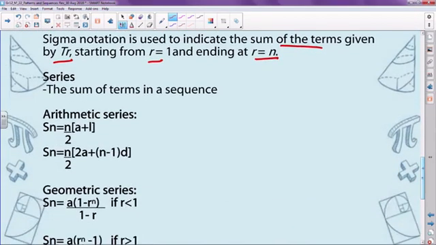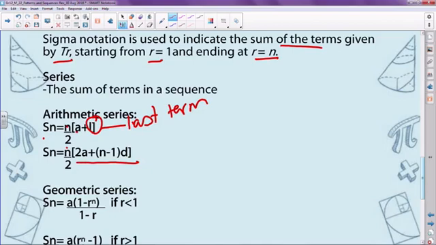Now, when we're looking at arithmetic series, there are two formulae we can use. We've got Sn is equal to n over 2 times (a plus l), where l is the last term. If you've got the last term in your arithmetic series, that's the one you would go for. It's quicker than the other formula, which is Sn is equal to n over 2 times (2a plus (n minus 1) times d).